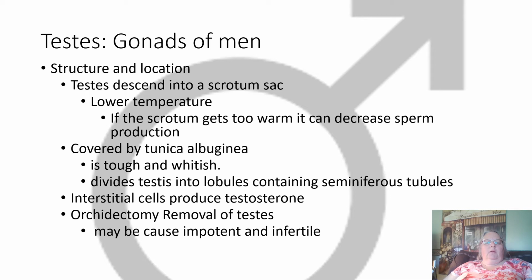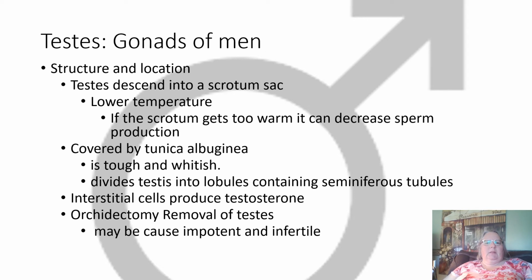The interstitial cells within the testes produce testosterone, and testosterone will affect patients that have prostate cancer. One of the things they will do if a patient has prostate cancer is an orchiectomy, which removes the testes completely.